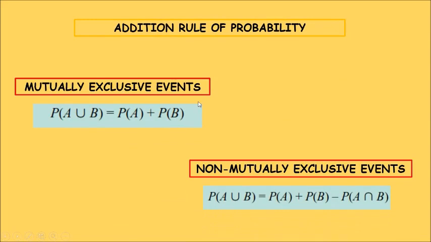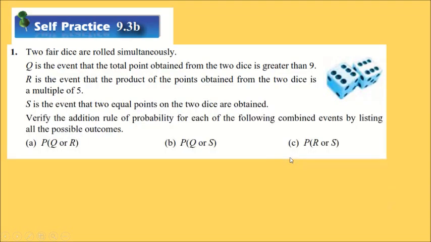For mutually exclusive events, the probability of A or B equals the probability of event A plus the probability of event B. For non-mutually exclusive events, the probability of A or B equals the probability of event A plus the probability of event B minus the probability of A intersect B.